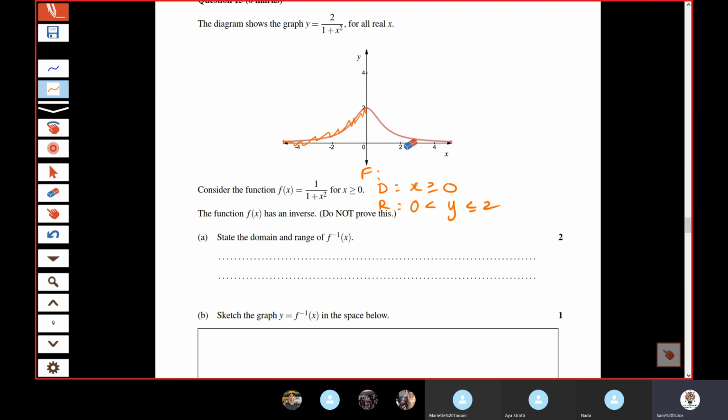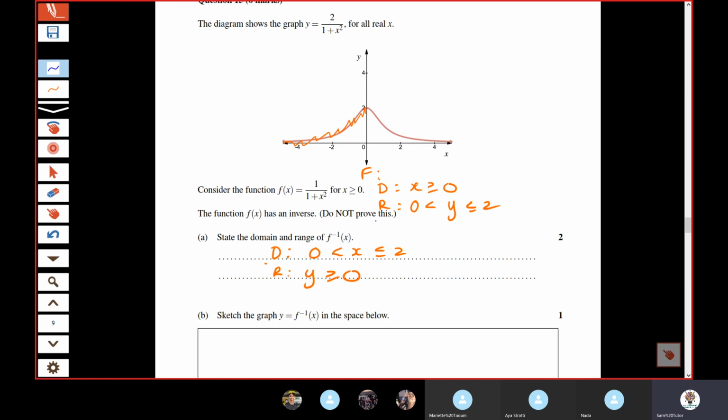So be careful. Not including 0, but including 2. So your domain would be 0 less than x less than or equal to 2, and your range would be y greater than or equal to 0. So you just swap your x for your y and your y for your x, and that's a pretty straightforward 2 marks.